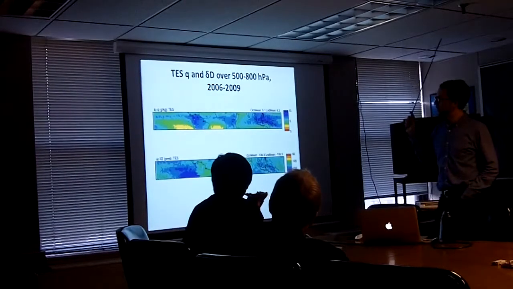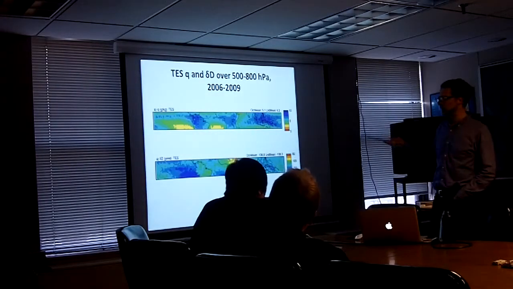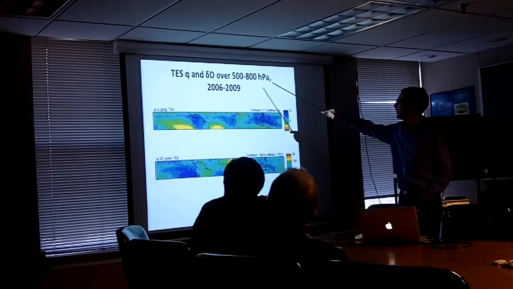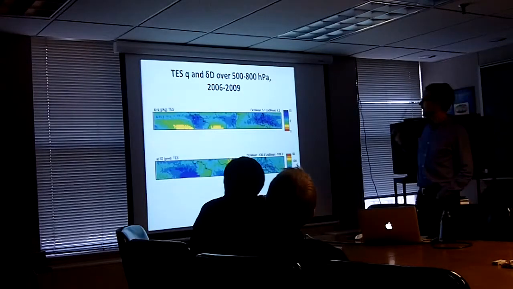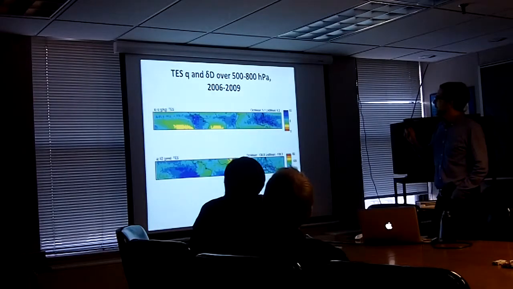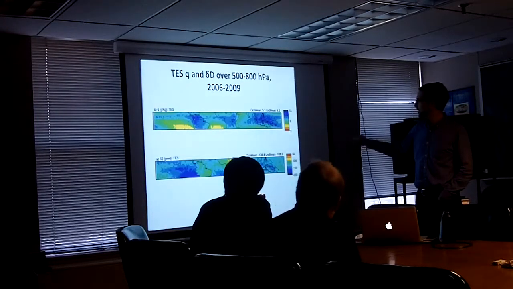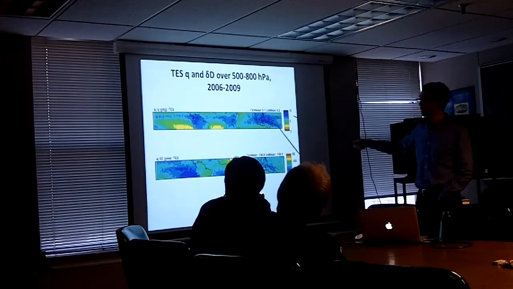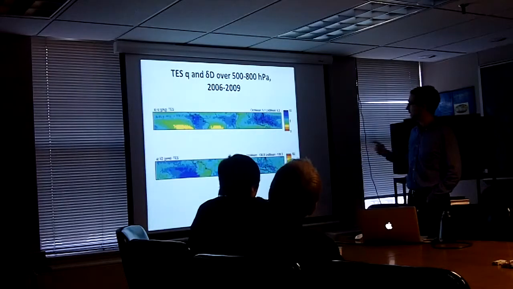So these are from TES over the tropics, and all of this analysis will focus on the tropics, over the lower free troposphere where the retrieval is most sensitive. What I want to illustrate here is that there's maybe some correspondence between the two, but there's no entirely clear relationship between the moisture amount and its isotopic composition.